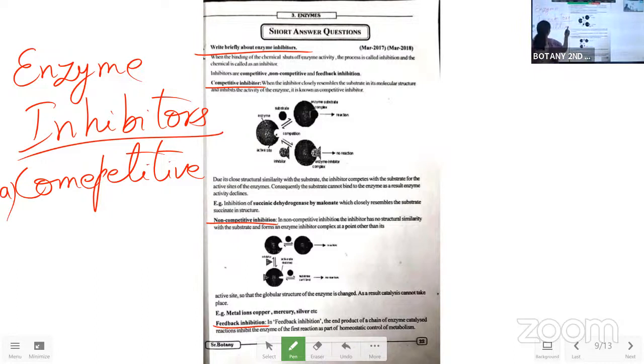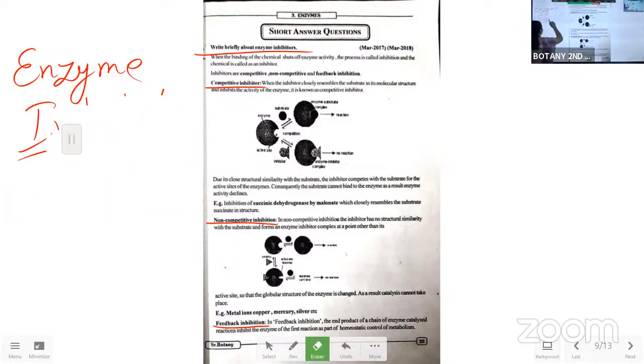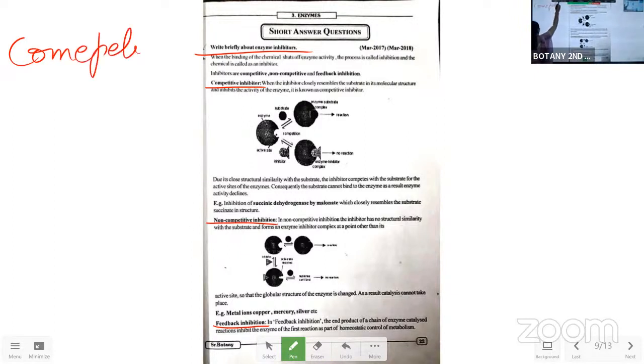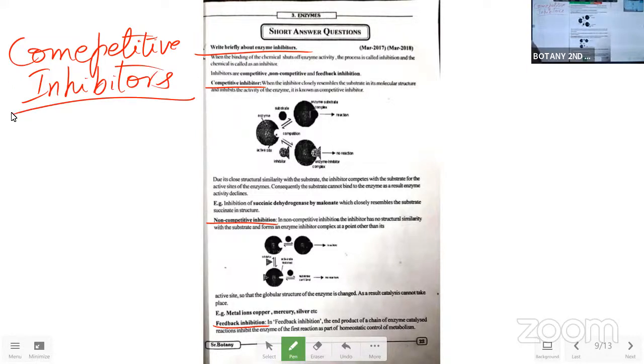Competitive inhibitors have the same structure as the substrates, and they stop the enzyme binding to the substrate so that product formation is not at all seen in the reaction.